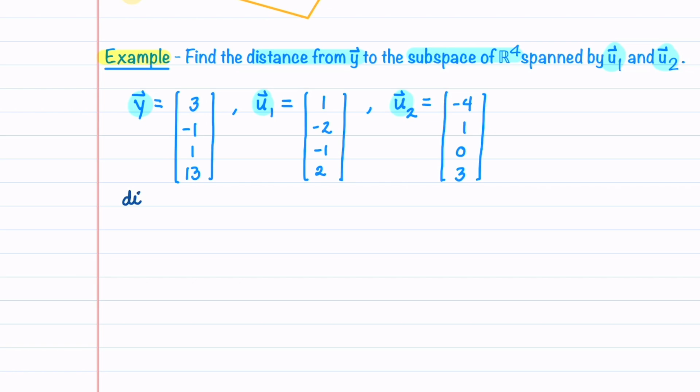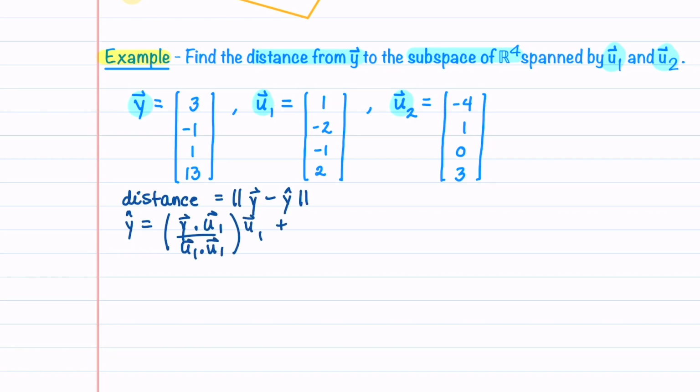Our distance is going to be the magnitude of y minus a vector that we'll call y hat, and y hat is going to be equal to y dotted with u1 over u1 dot u1, times u1, plus y dotted with u2 divided by u2 dot u2, times u2. Y hat is just the orthogonal projection of y onto our subspace.